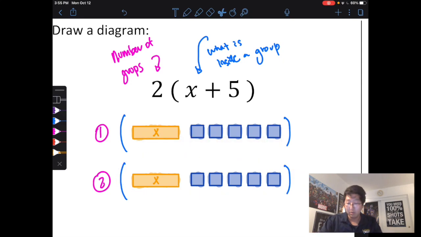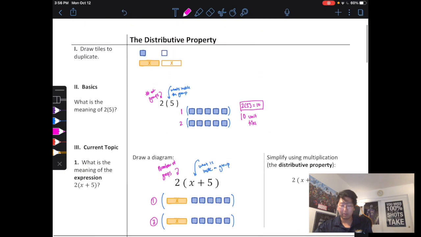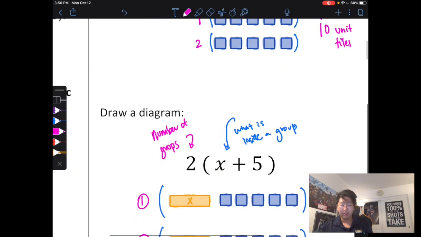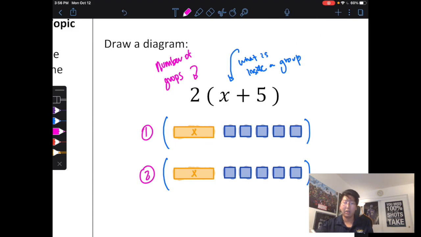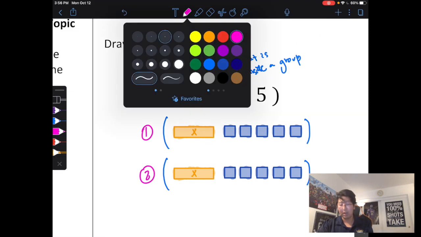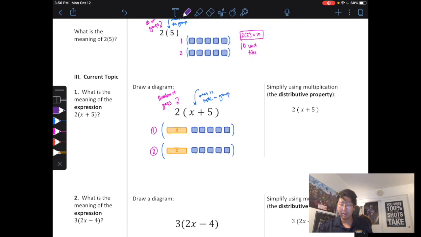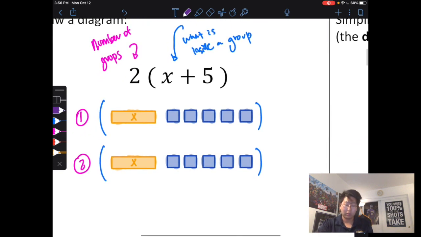Now, what do I have in total, right? So it's similar to this, right? I had two groups of 5. Here I have two groups of x plus 5. And so what do I have? So I have two x tiles, right? I have one x tile here and two x tiles here.